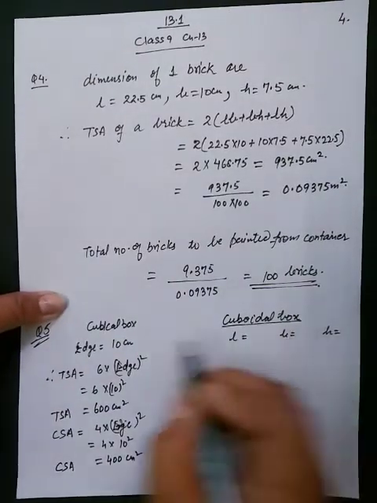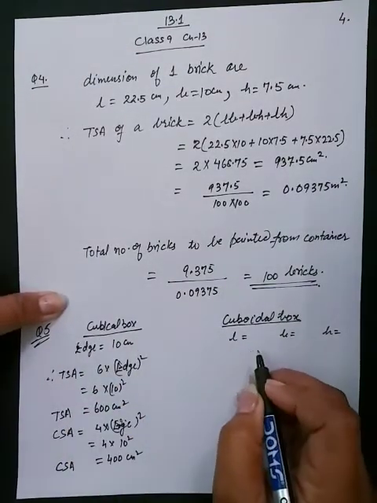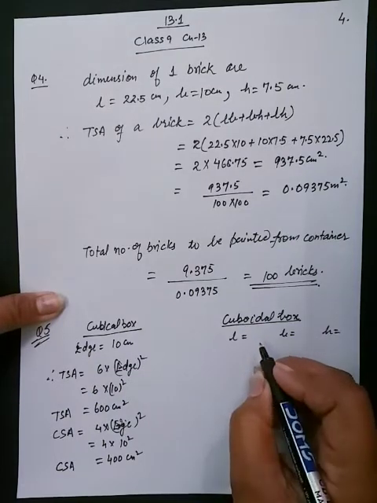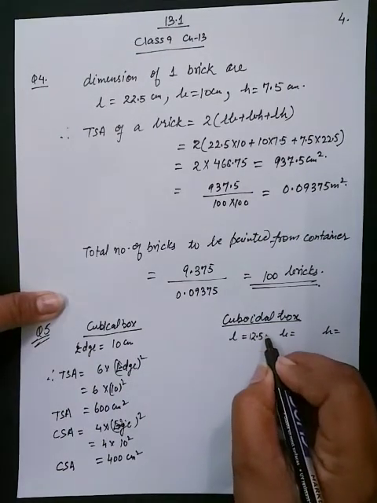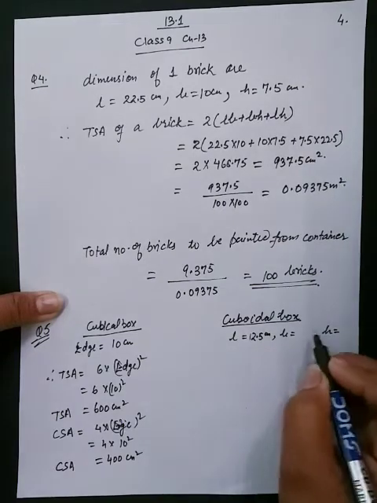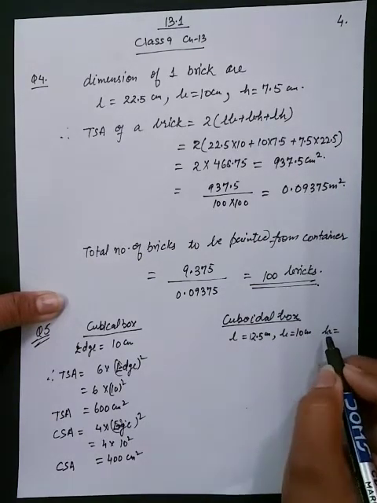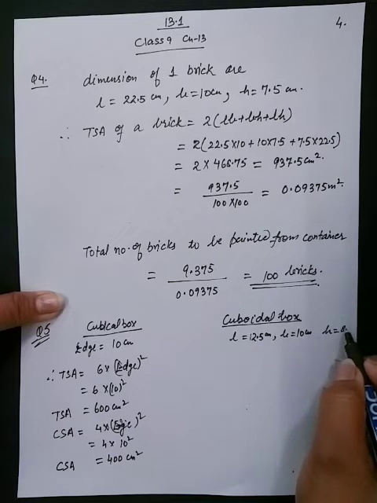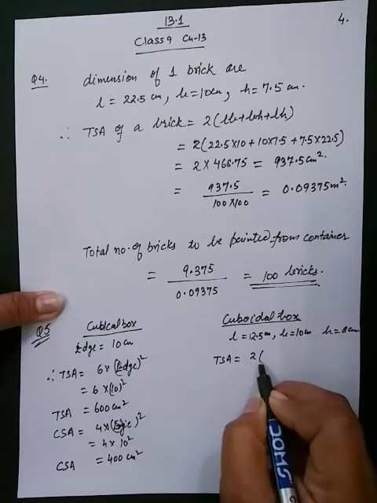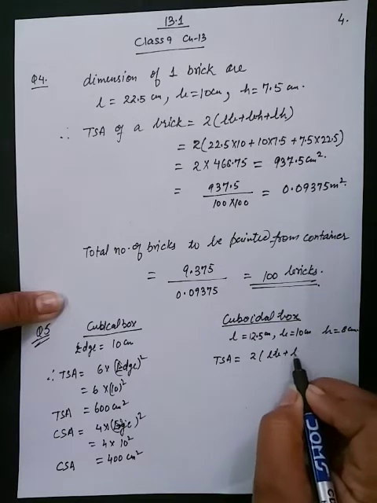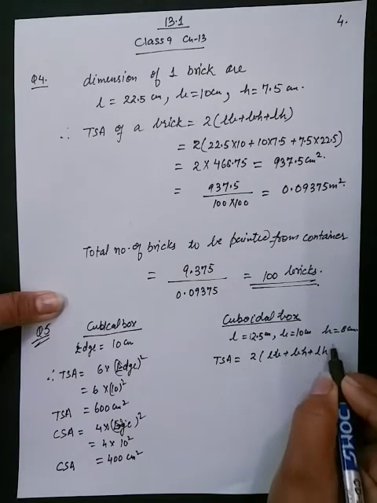Now we are going to find the TSA of cuboidal box and CSA of cuboidal box. This is 12.5 centimeter long, 10 centimeter wide and 8 centimeter in height. So therefore its TSA will be 2 into (LB plus BH plus LH).